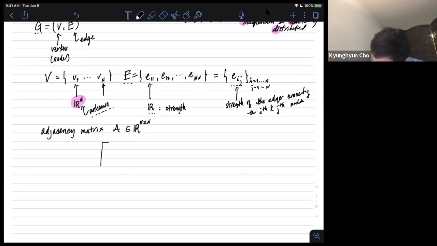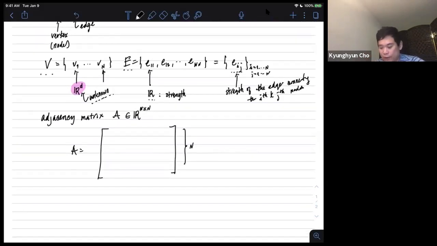That is, the adjacency matrix is going to have as many rows as there are nodes in this vertex set, and the same number of columns as there are nodes in this vertex set. For each entry, we look at A_ij and use the strength E_ij there.